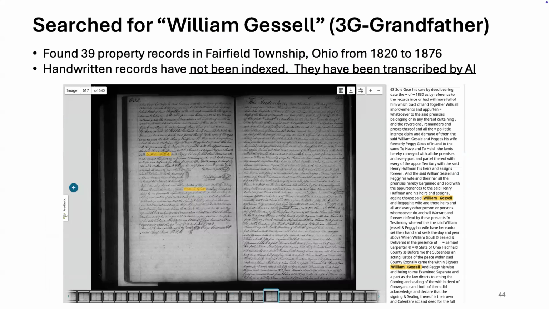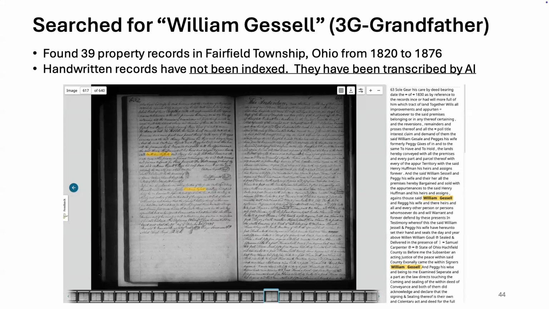Notice that these have not been indexed. They're transcribed and searchable. So what it comes up with is the page of the land book that came up. It highlights William's name where it found it in the handwriting. Then it has the transcription here, and it shows the same thing. So anybody can get to this straight away. And I bet you would find some stuff that you didn't know about.